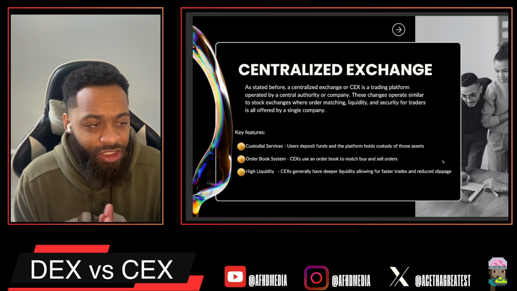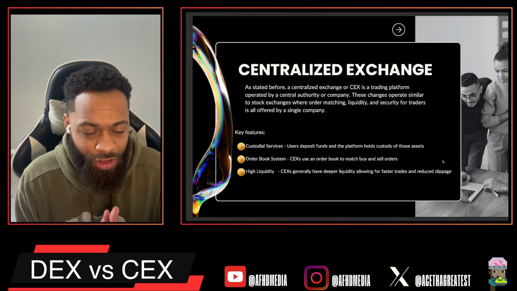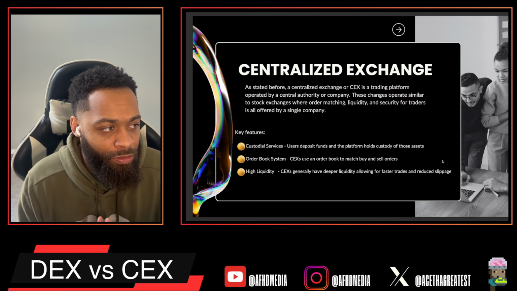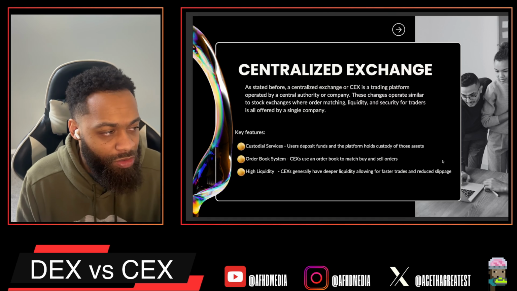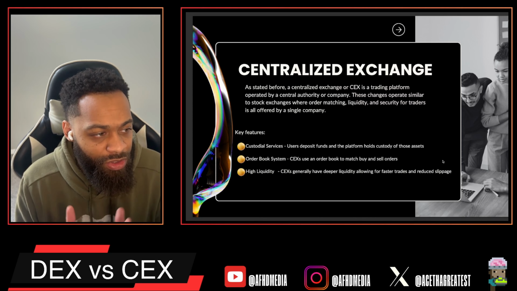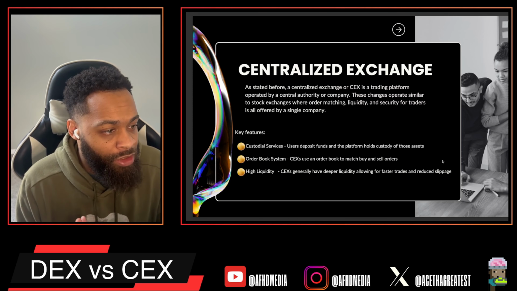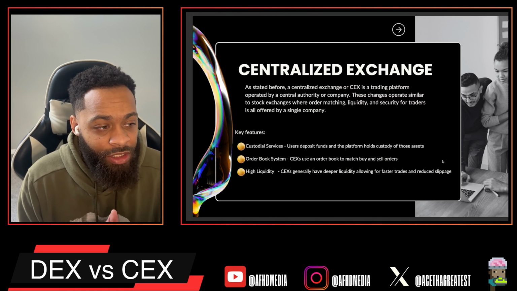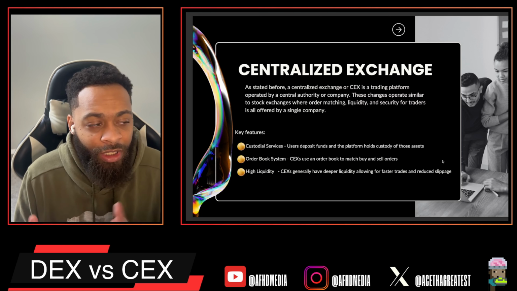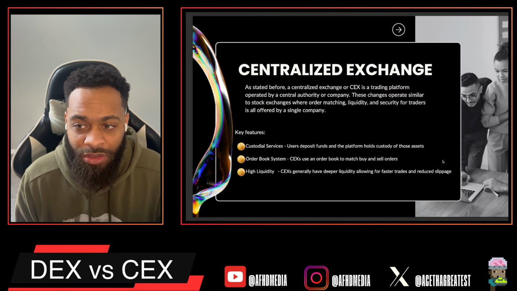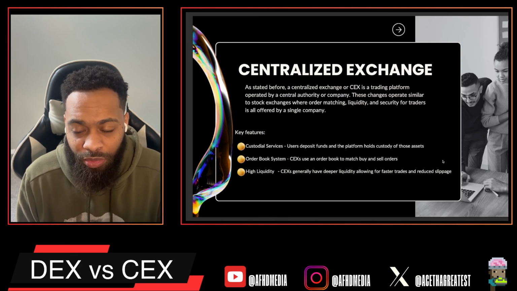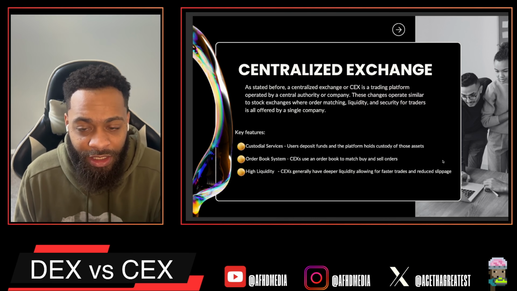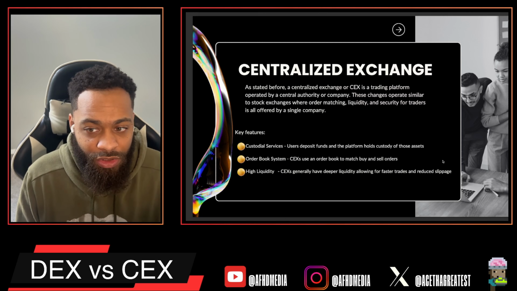So, centralized exchanges, as we talked about before. Essentially, a centralized exchange, or CEX for short, is a trading platform operated by a central authority or company. These exchanges operate similar to a stock exchange, where order matching, liquidity provisioning, and security for traders is all offered by that single company or that single central authority.